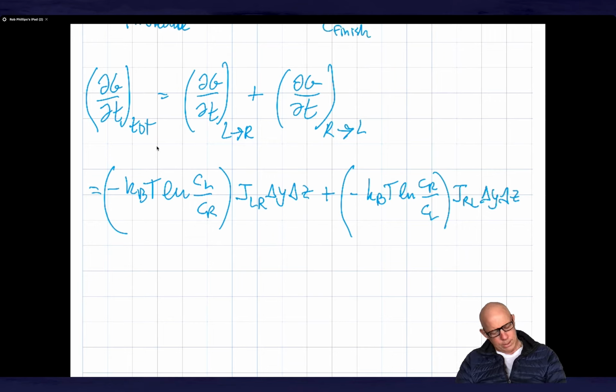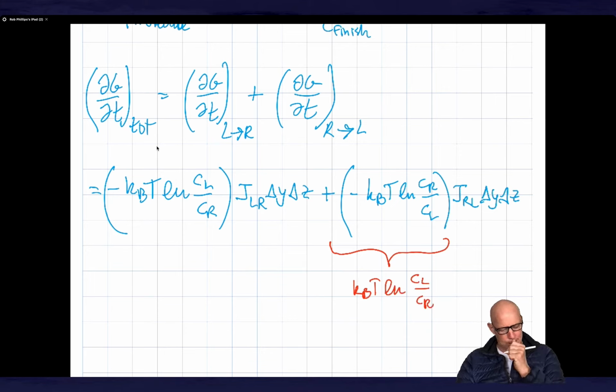So let's recast this. I can always rewrite that as kBT log of C left over C right, so now I've gotten rid of that minus sign.